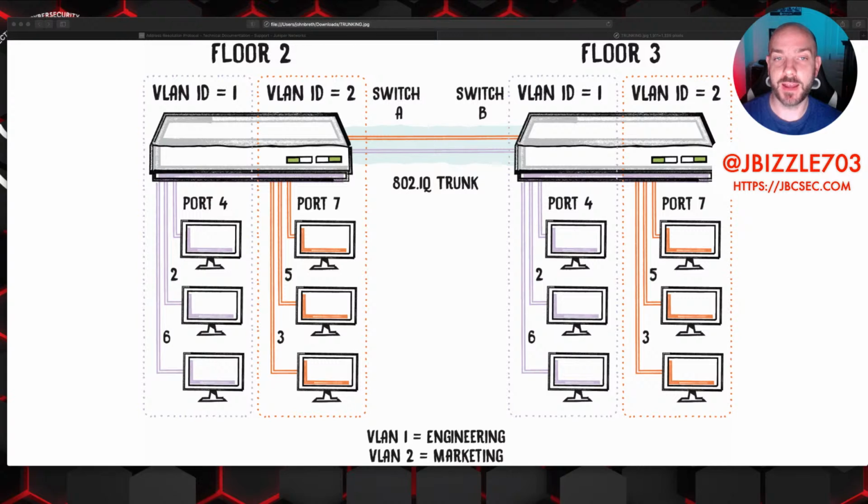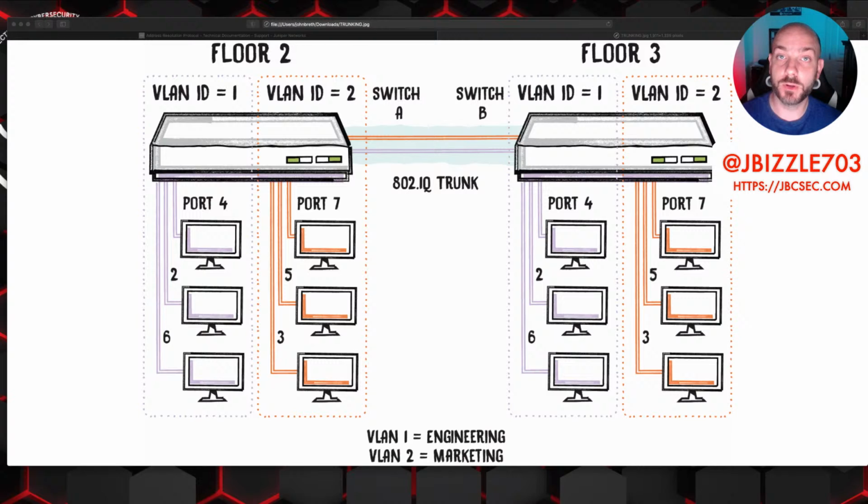If we take a look at this diagram on the main page, we have a switch that is broken up into two different VLANs. I have a VLAN ID of 1 and a VLAN ID of 2. That creates two separate broadcast domains that reside on that one switch. So instead of just one overall broadcast domain, we are now able to segment it into two.